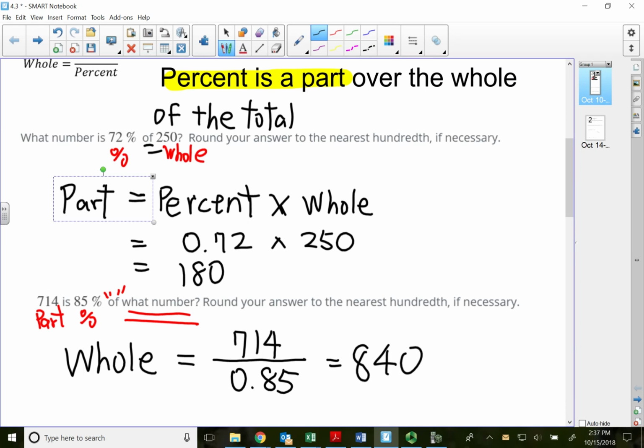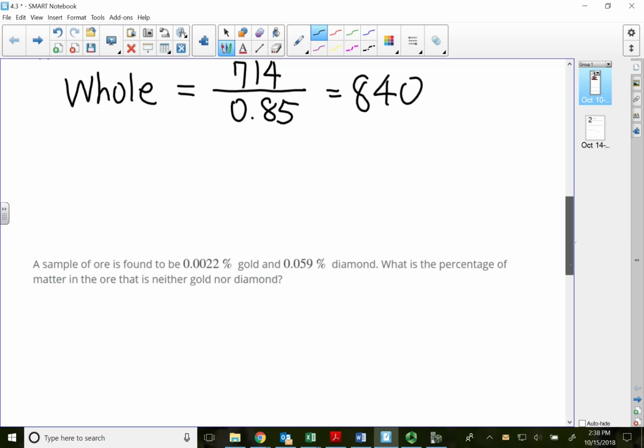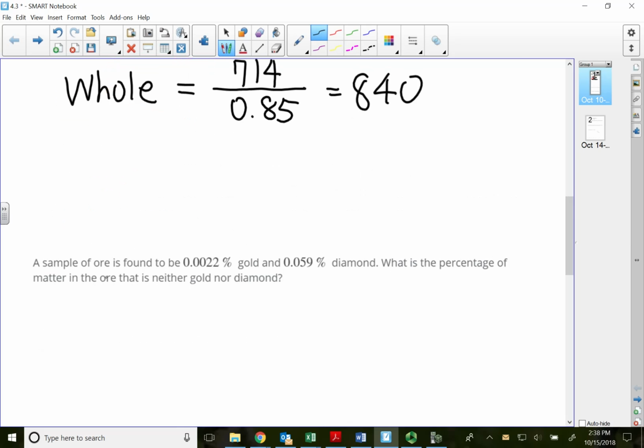There you go. Let's try a different kind of problem. A sample of ore is found to be 0.0022% gold and 0.059% diamond. What is the percentage of the matter in the ore that is neither gold nor diamond? So that's the percentage that is not either of those.